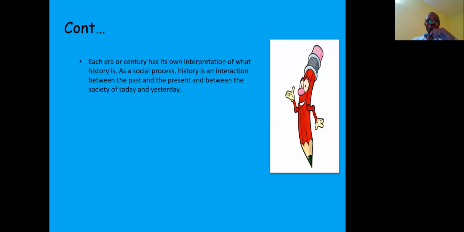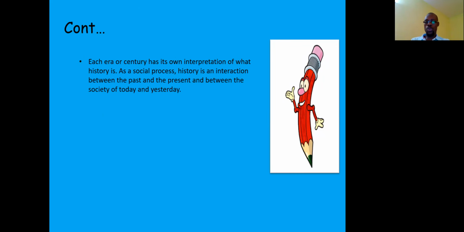Then each era or century has its own interpretation of what history is. Remember, historians in the 19th century, historians in the 16th century during the era of the likes of Herodotus, Homer, Thucydides, Plutarch, Livy, name them. They had their own ways of interpreting facts.